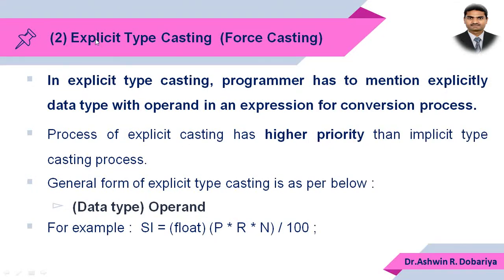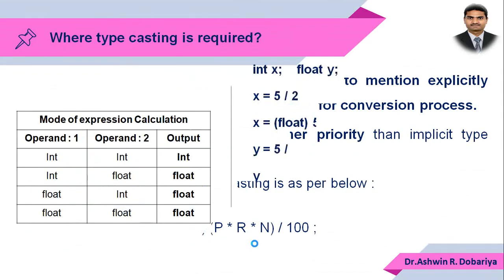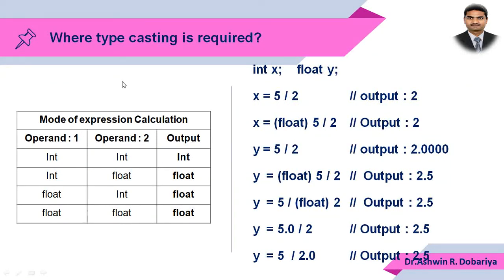So this is known as explicit, because the user has mentioned, I want to convert this value into float, right? And this is where typecasting is generally required. So these are the general rules you have to remember in terms of programming, in terms of the compiler. If both the operands, if both the variables are integer, then output will be integer.